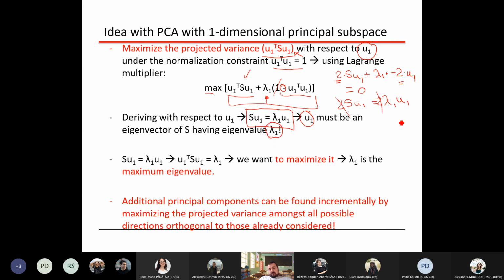Now, there is another thing that we can do. We can multiply this equation with u1 transposed to the left. So if we start from here and multiply with u1 transposed to the left, it means that in here we will obtain u1 transposed multiplied by S multiplied by u1 equals lambda 1 u1 transposed u1.